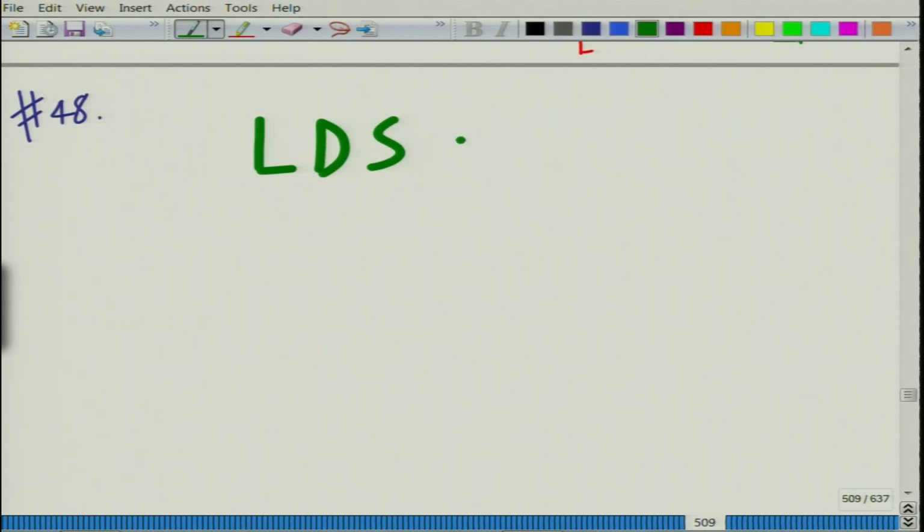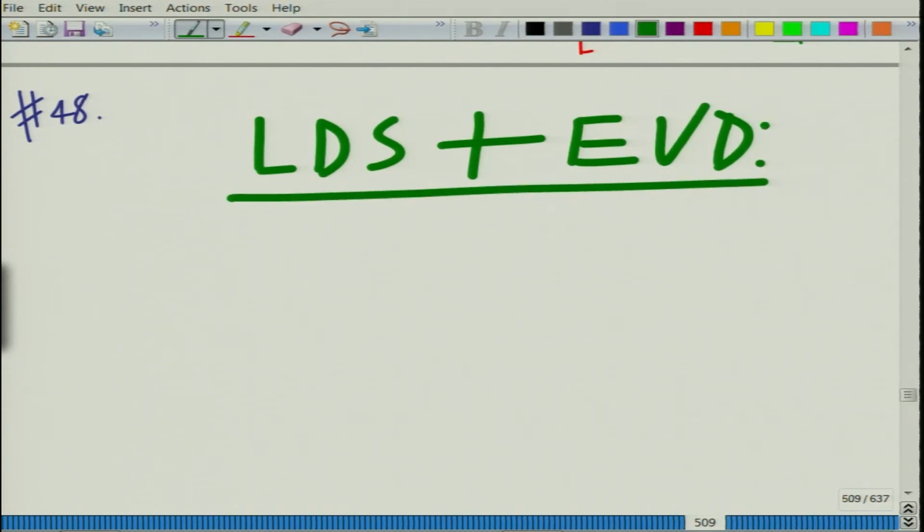What we are interested in looking at is the implications of EVD, that is the eigenvalue decomposition, for LDS. As you well know, these are linear dynamical systems.